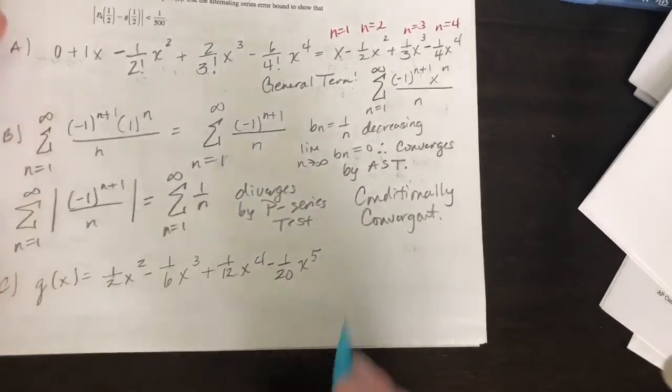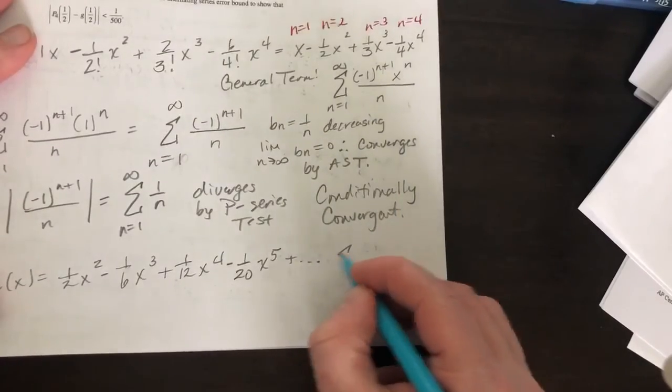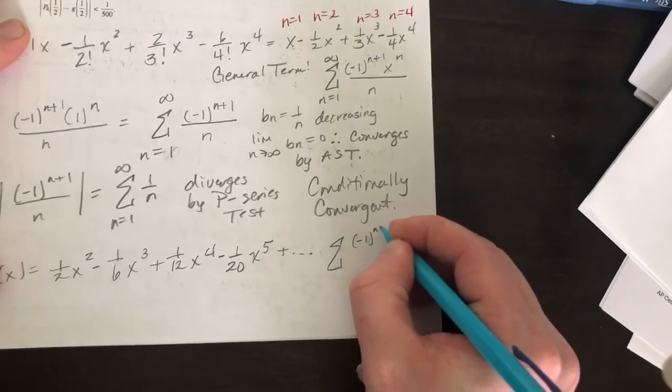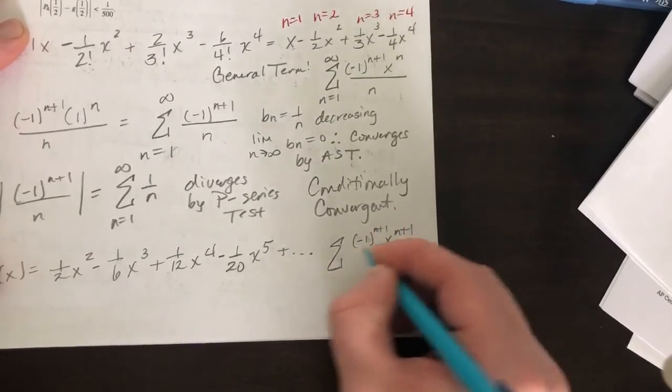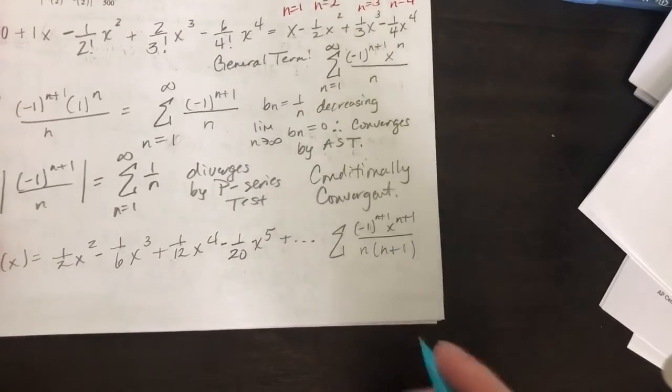When I integrate the series, we're going to add 1 to the exponent and divide by the new exponent, and we're just going to leave it just like that.